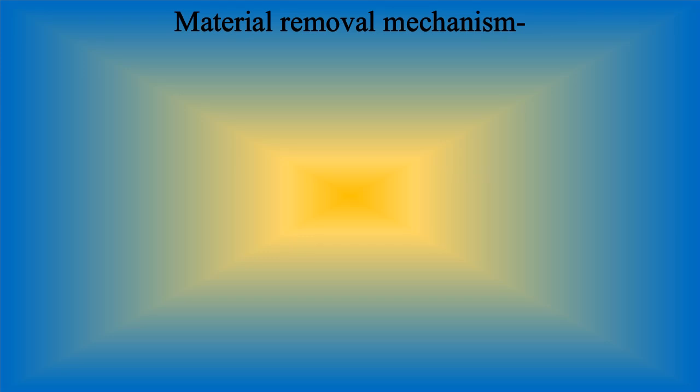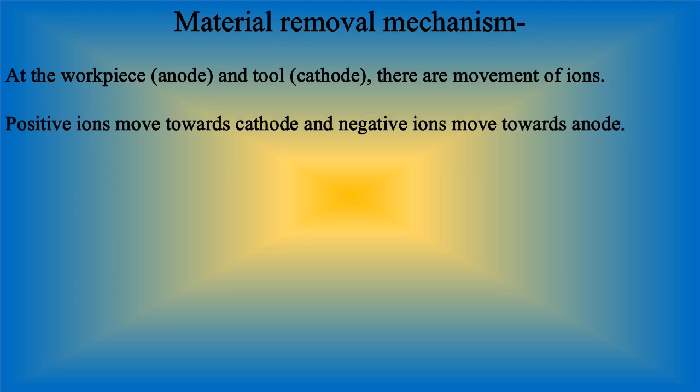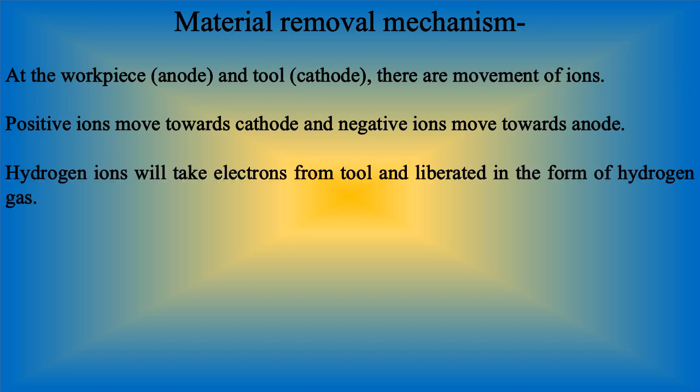Now these were the reactions within the electrolyte. Now let us see what is happening on the electrodes, on the workpiece. At the anode and cathode, there is movement of ions. Positive ions move towards the cathode because it is negatively charged. Negative ions move towards the anode because it is positively charged, which is the workpiece.